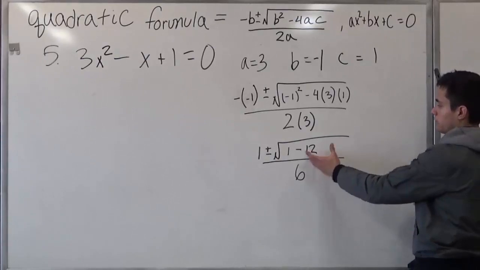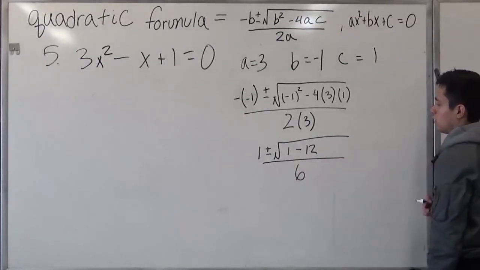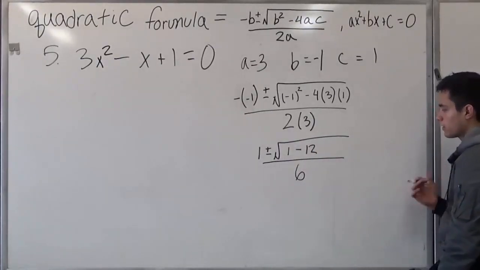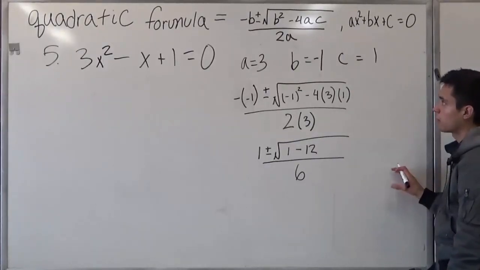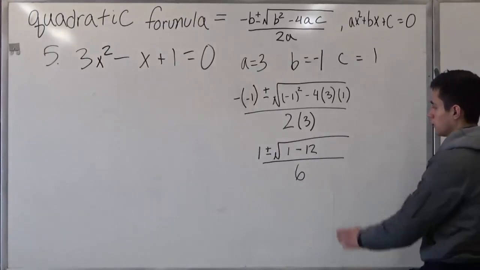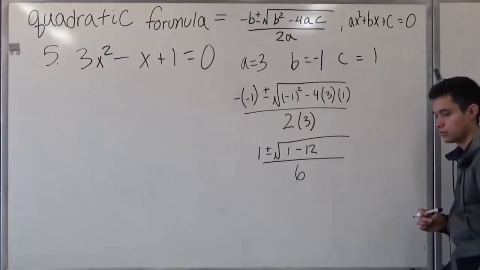We had a negative. This radical would give us a negative number. But there is another way to solve this problem by using an imaginary number quadratic formula, which can solve this little issue that we have here.